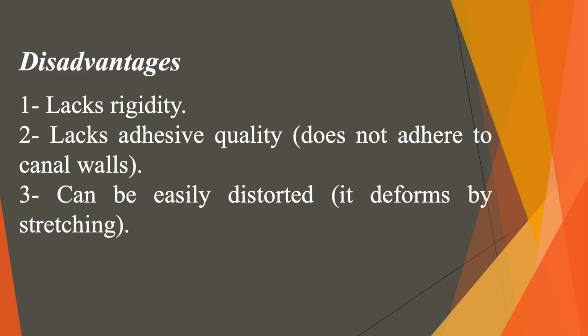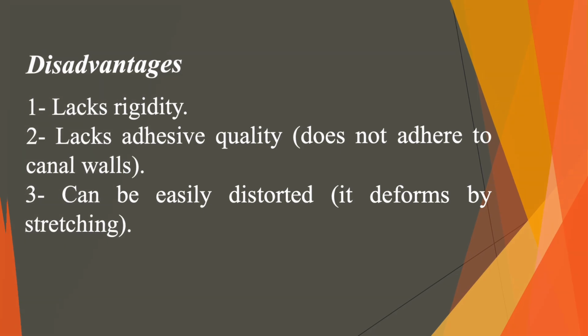Lack of adhesive quality: it does not adhere to the canal wall. We need a sealer to let it adhere to the canal wall. It can be easily destroyed if it is stretched. Because it is a bendable material, it can be easily destroyed.